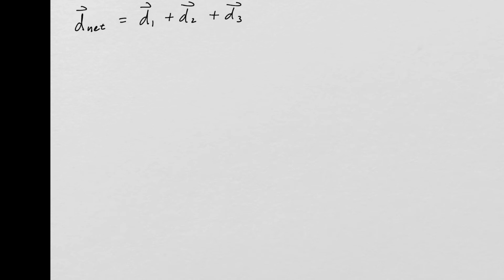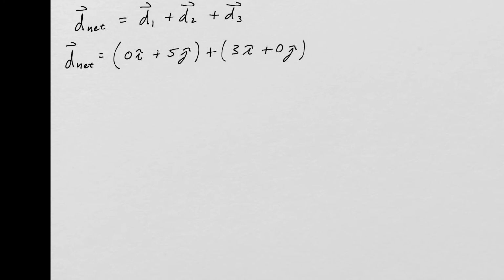So in this case, D net is going to be, well, remember D1 was 0 i hat plus 5 j hat. D2 was 3 i hat plus 0 j hat. And then D3 was negative 0.68 i hat minus 1.88 j hat.